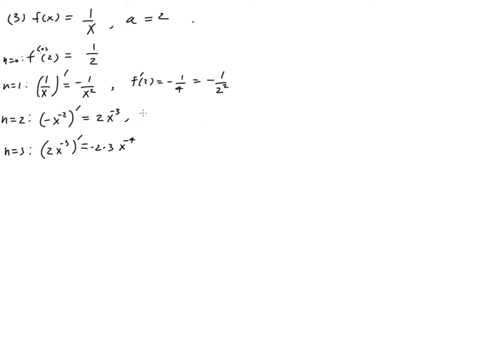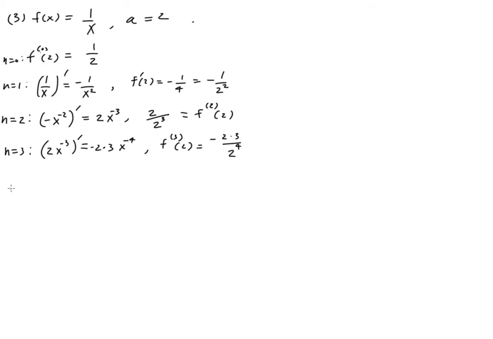And now for the n equals 2 line, this is actually 2 over 2 to the third power. That's equal to the second derivative evaluated at 2. And then finally, the third derivative evaluated at 2 can be written as negative 2 times 3 all over 2 to the fourth power.